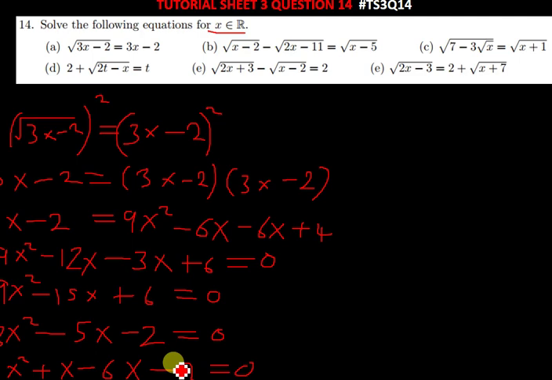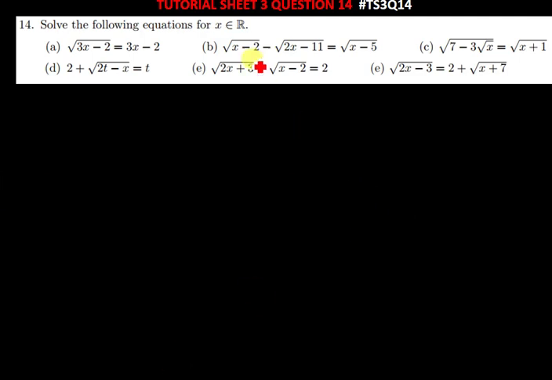Okay, so the next question is this one. So here again, what you can do, if you want, you can square both sides like that. You square both sides, and then you begin to work it out.